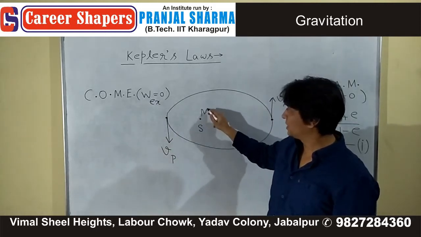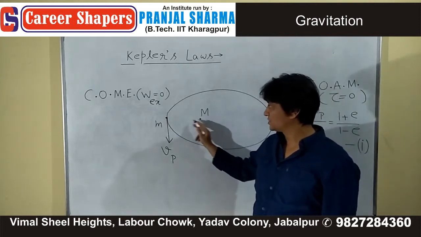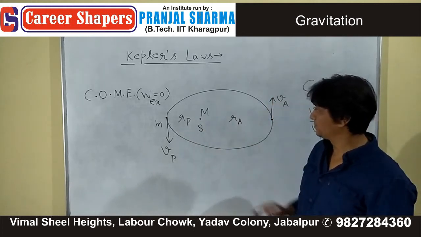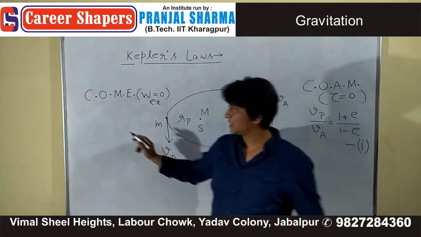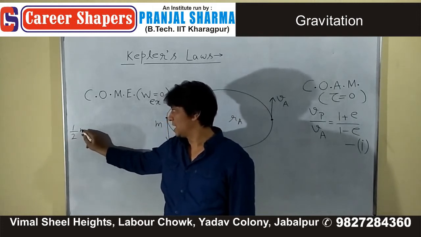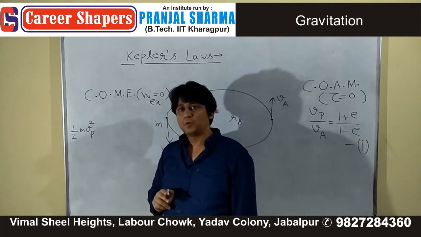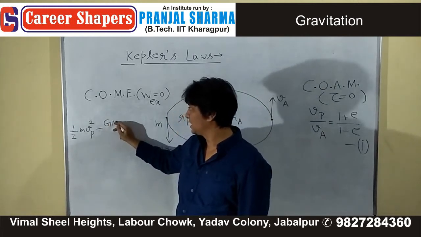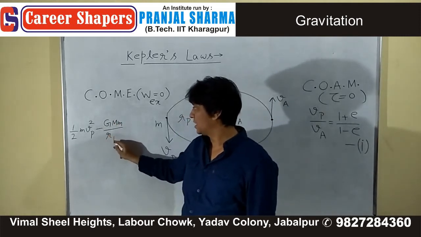Let's say the mass of the Sun is M and the mass of the planet is m. This distance is Rp, this distance is Ra. So what is kinetic energy at perigee? Half m Vp square. What is potential energy at perigee? Minus G M m divided by Rp.